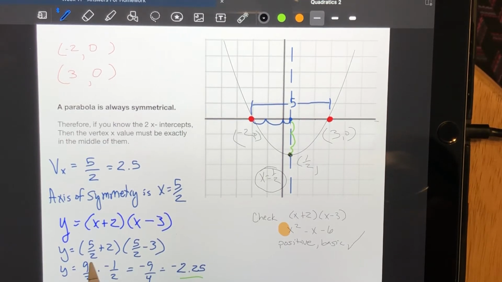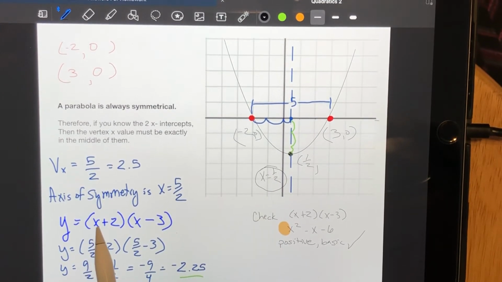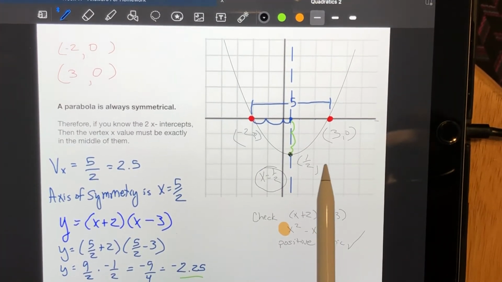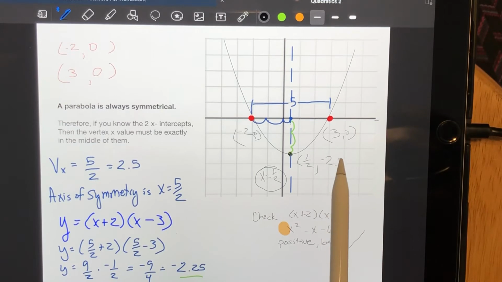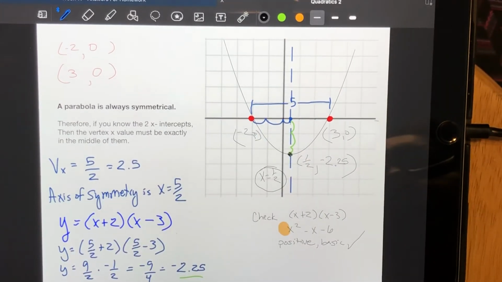So as we plug in 1/2 for our x value, and then add it across, I get -2.25 is where my y value lies. So again, we learned a lot of information from 2 little points.